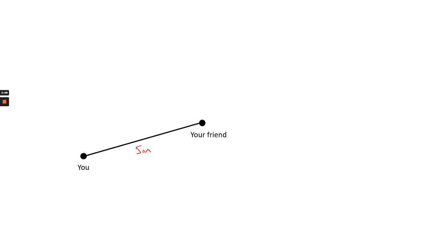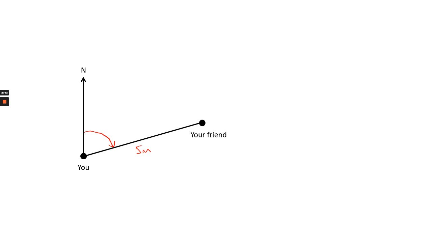Now, what we can do is provide an angle. What we're going to do is draw the north line. So I have a line that points directly north. And once we've got that line, we can use this angle here as an indication to find your friend.